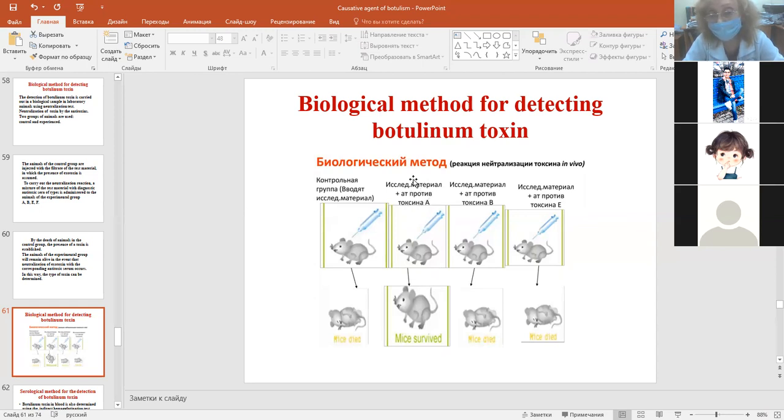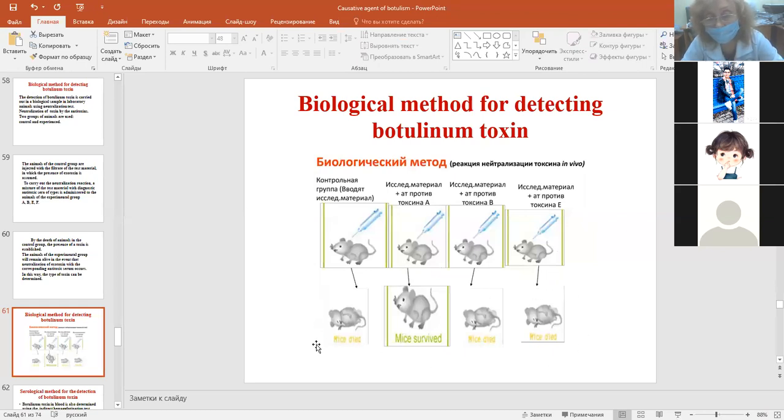This group will get a mixture with antitoxic serum type A. These animals will get a mixture of material plus antitoxic serum B. And these animals will get an injection of a mixture of specimen, material, and antitoxic serum type E. Really, then maybe E, F, G, and so on, all of them.